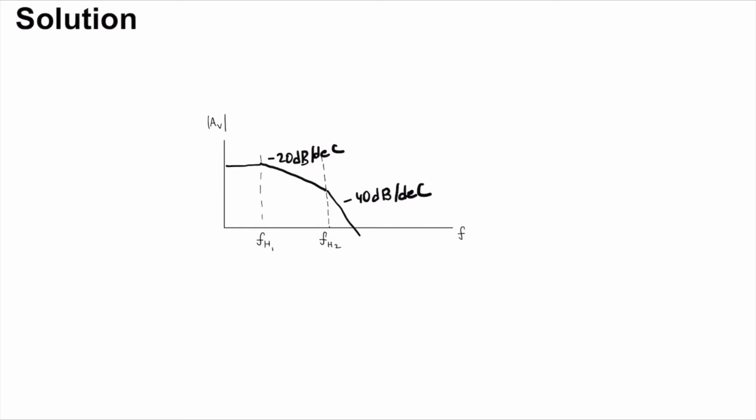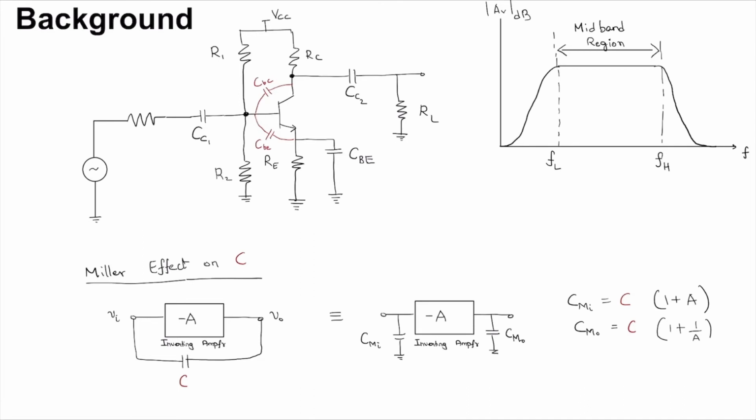So the idea is that until the midband region finishes, there is no effect of these poles, which is to say that the capacitor is open. But after the midband region, we see the gain drop off, which is as though there is now a short.